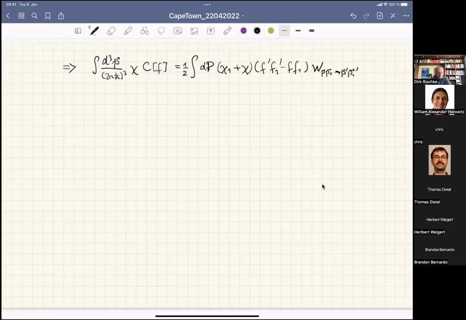All right. Then I do another interchange. Now I change incoming and outgoing momenta and use the principle of microscopic reversibility. I always discover some mistakes. All right. Sorry, quick question.